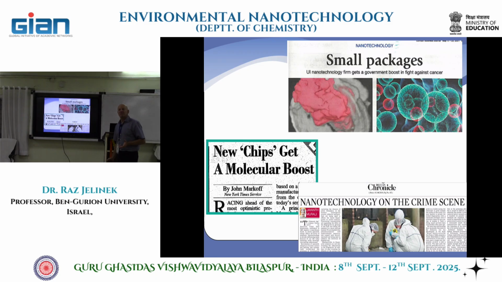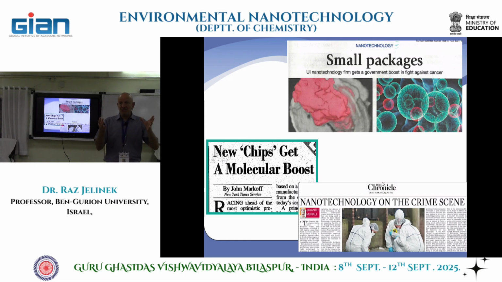And of course, as time went by from the 80s until now, nanotechnology is everywhere. It's not only in scientific newspapers and scientific lectures, it's also in the general newspapers. If you open newspapers, you're going to see nanotechnology in many references, in many articles for the general population.